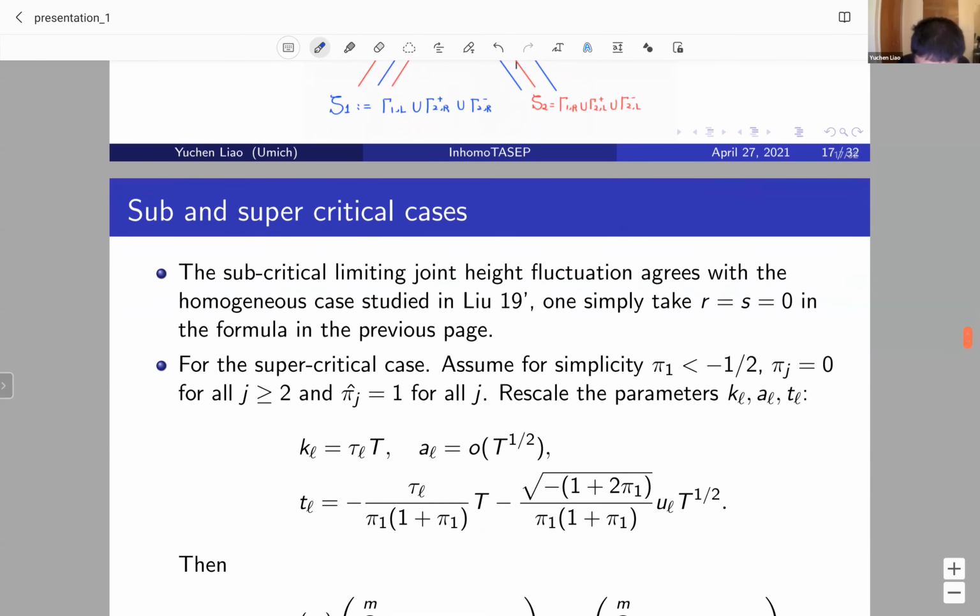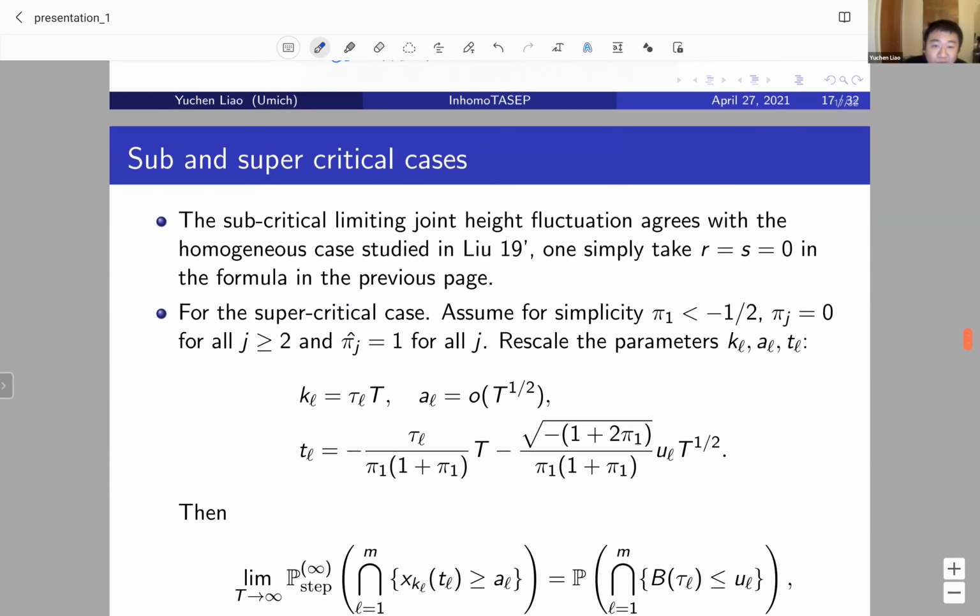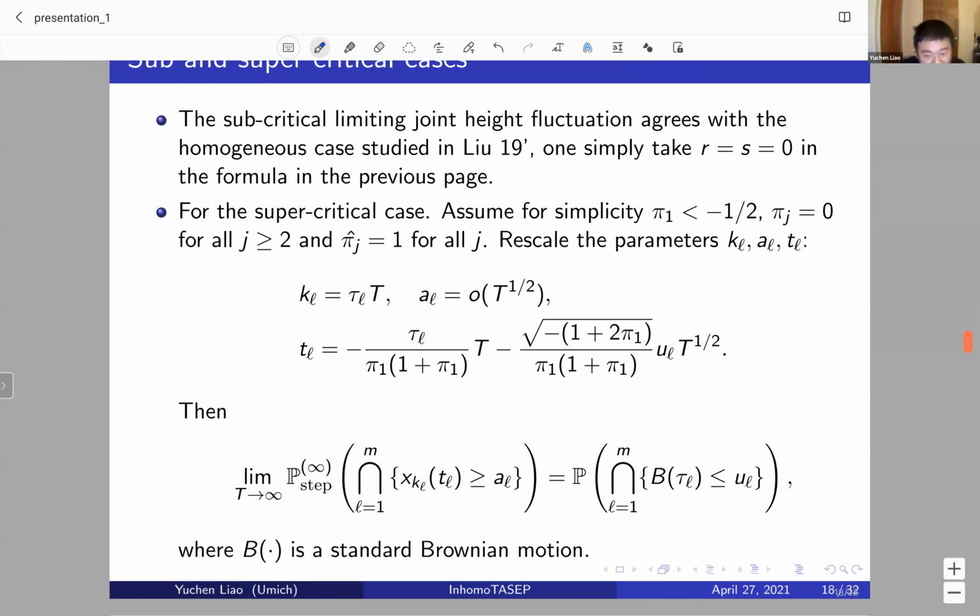And briefly, I'll discuss the supercritical case, where you expect to see some Gaussian fluctuation. What happens is you essentially see Brownian motion. If you assume rank one, then after the scaling, all the fluctuations of the last passage time at different time locations come from those independent sums of geometric, or exponential, random variables in the first row.